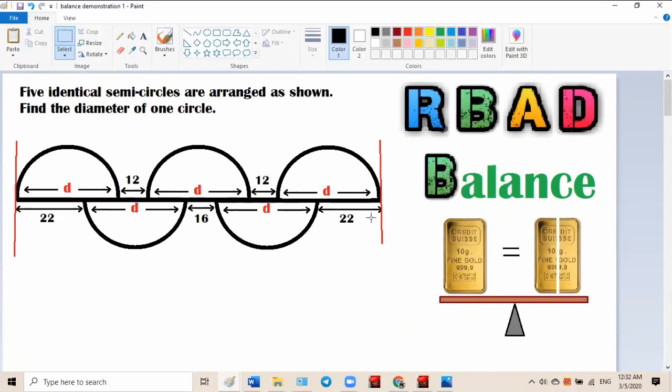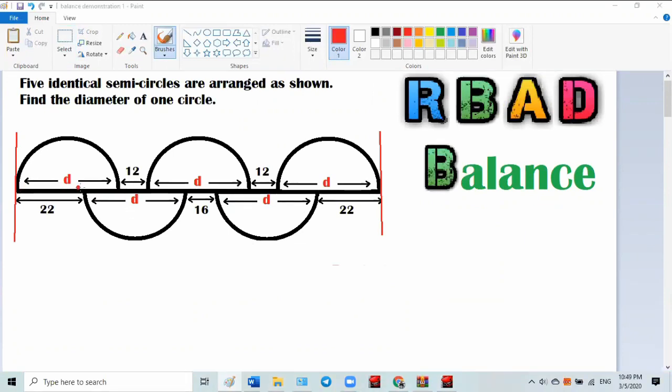That's what I mean by balance. So the bottom has a length of 22 plus diameter plus 16 plus diameter plus 22. If they are of the same length, the top distance must equal the bottom distance. That is called balance. The top distance balances the bottom distance.